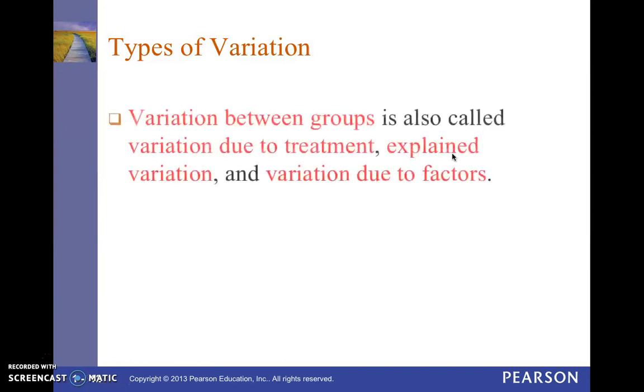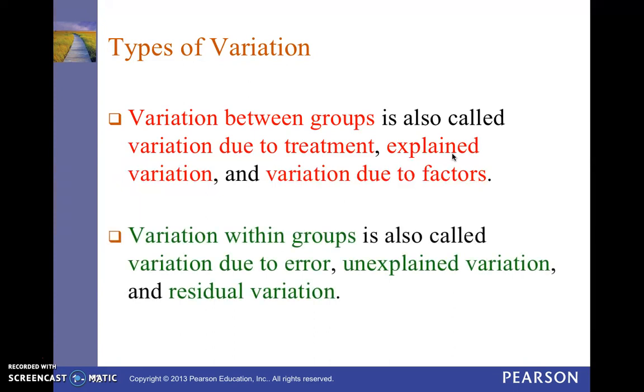So I was saying earlier that there's lots of ways in which people talk about variation. So this idea of variance between groups, sometimes it's called variation due to treatment, as you saw in that ANOVA table. Sometimes it's called explained variation. Sometimes it's called factors. Depending upon which statistical software you use out there, you might find any of these synonyms, okay?